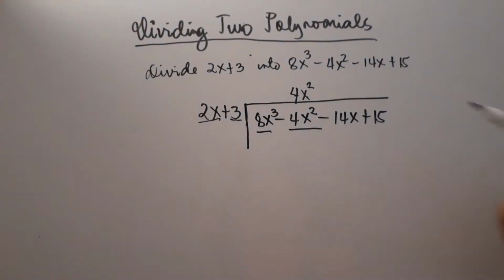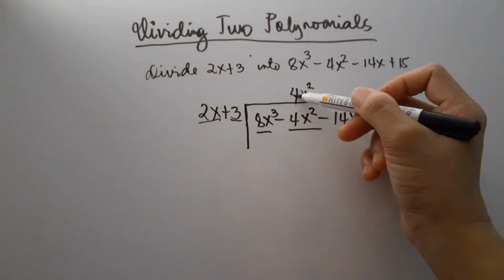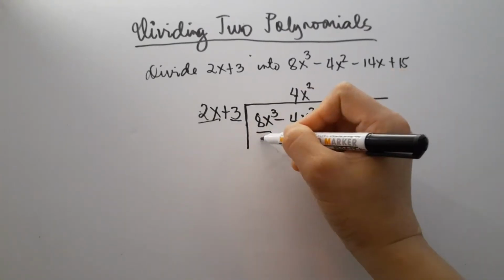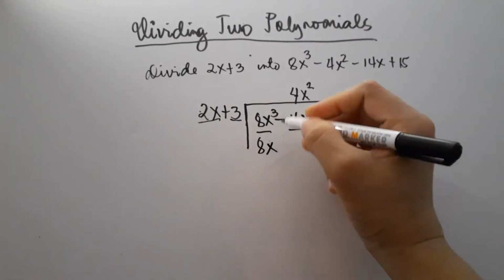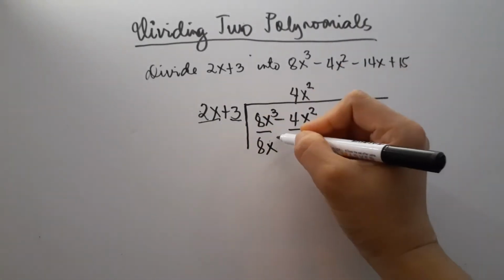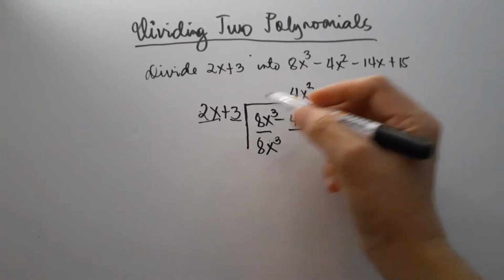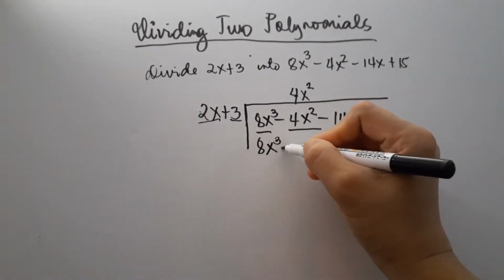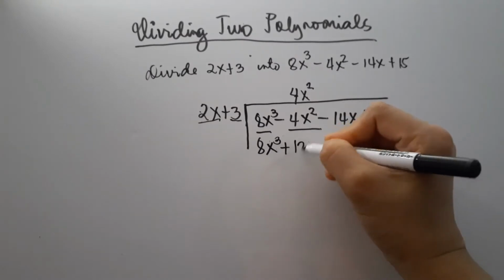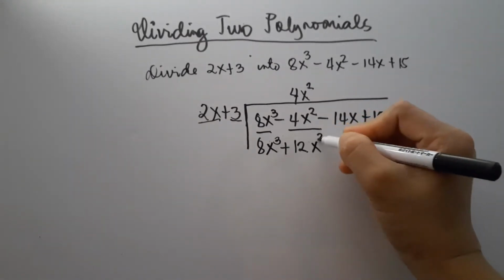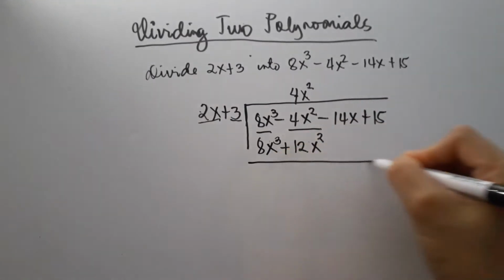And then we multiply first. So 4x squared times 2x becomes 8x cubed. Then 4 times 3 becomes positive 12x squared. And then subtract.